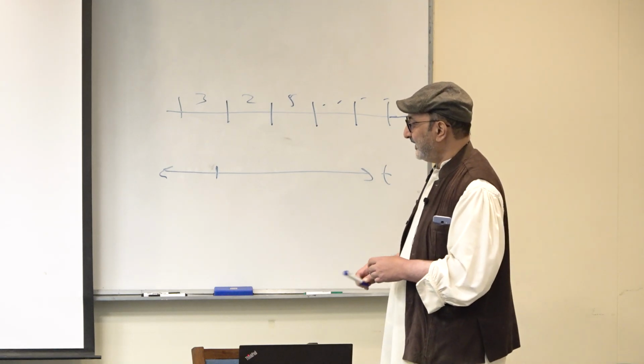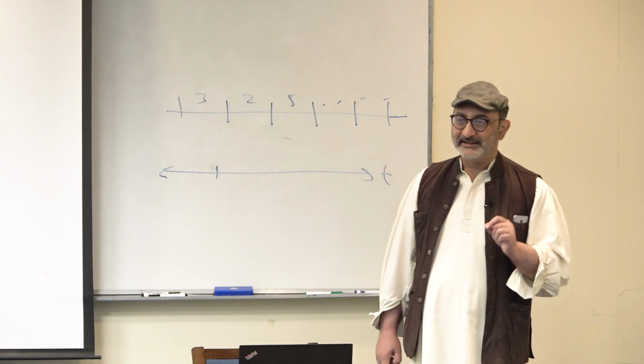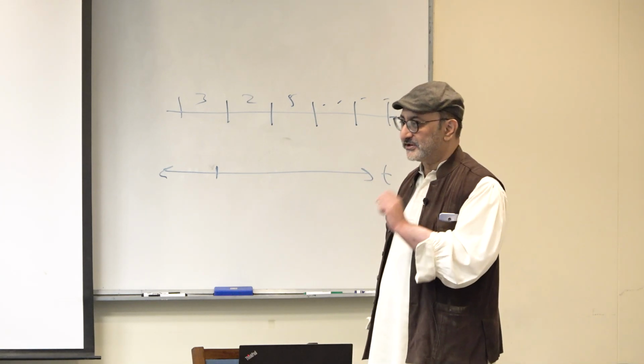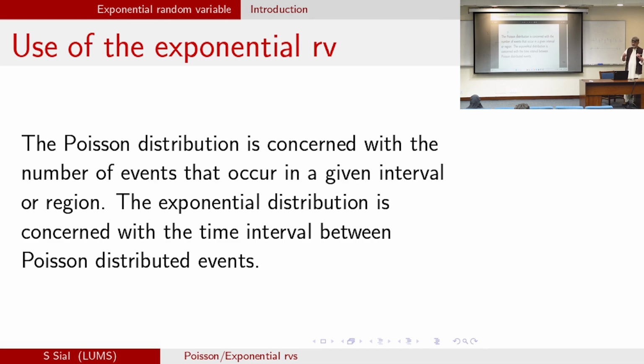So the exponential distribution is all about the time between Poisson distributed events. The successes themselves are Poisson distributed. The time between the nth event and the n plus 1 event, that time interval, is exponentially distributed.